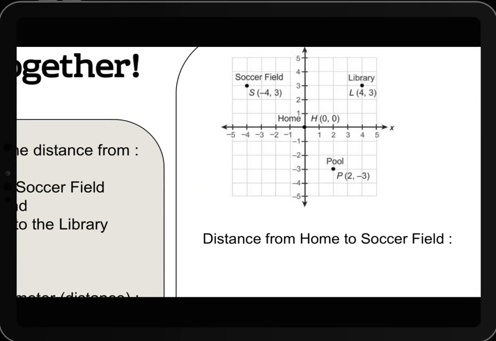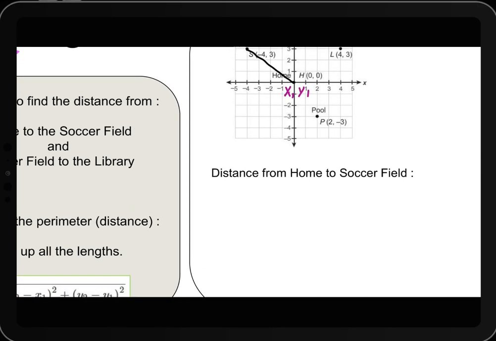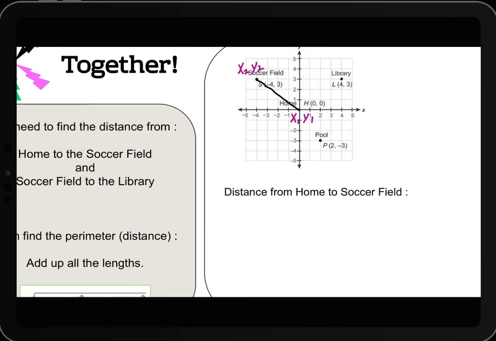So the home to soccer is this length right here. We can treat this right here as x1, y1, and this is x2, y2. And we want to calculate that length right there. We can call that length HS because it's from home to soccer. And I'm going to use the distance formula to do that.